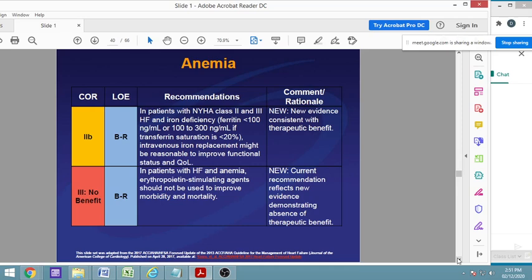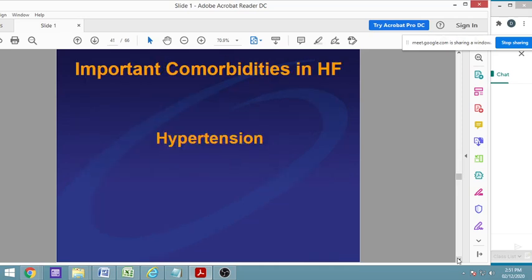Then in patients with HF and anemia, erythropoietin stimulating agents should not be used to improve morbidity or mortality. So this shows erythropoietin should not be used.